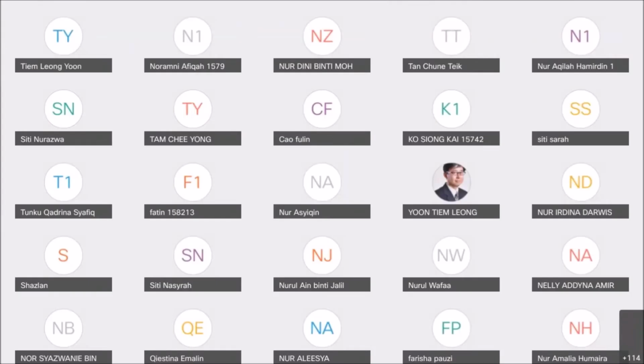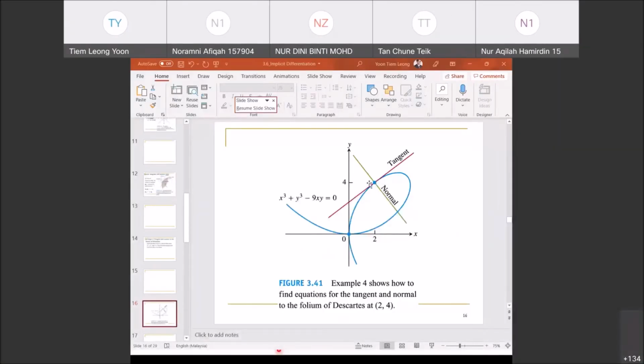Okay, so this is the screen. What I'm trying to show you is that the tangent line should have a positive slope and the normal line should have a negative slope.